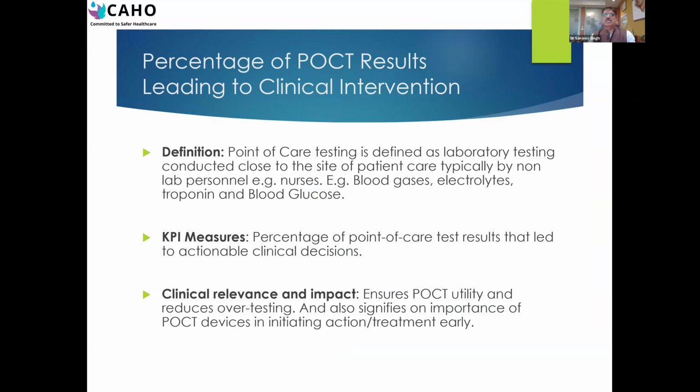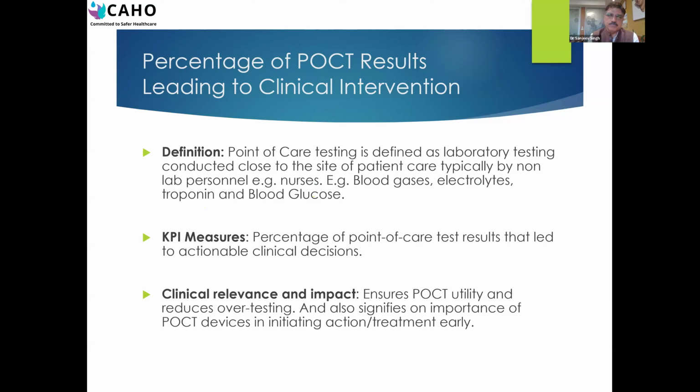Point of care testing is a laboratory test which gets conducted at the bedside, and it could be electrolytes, troponin, blood glucose, or blood gases. All of it is not sent to the central laboratory system, and it is all done at the bedside for faster, rapid decision making.